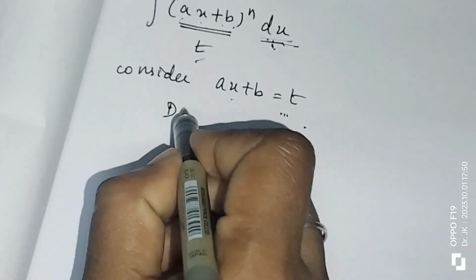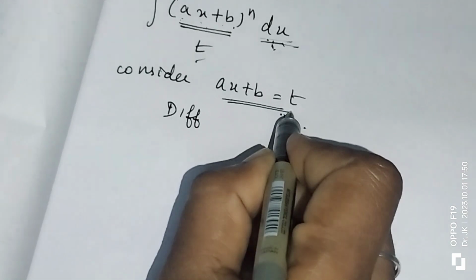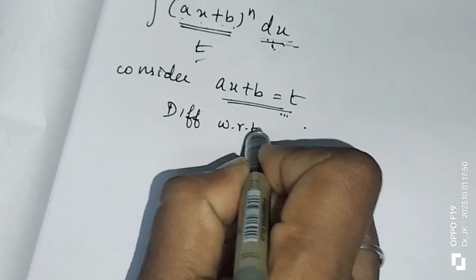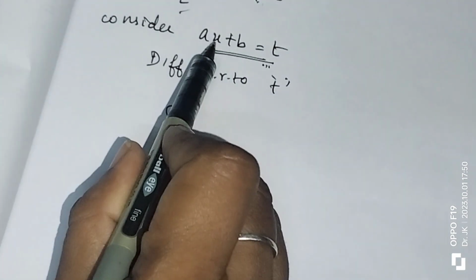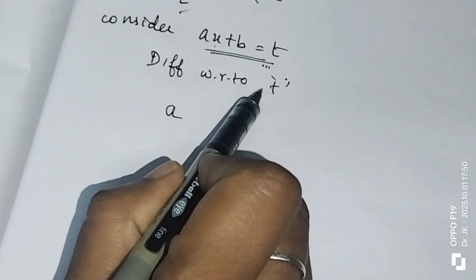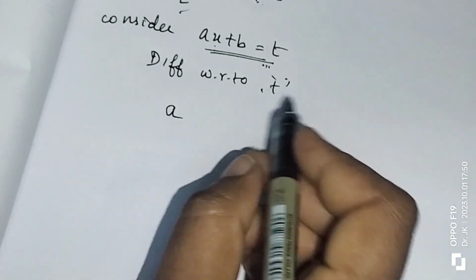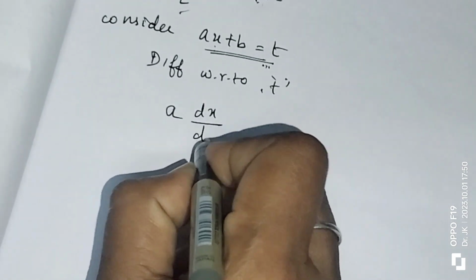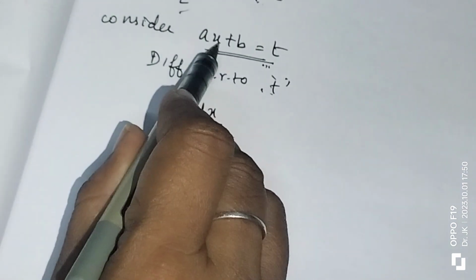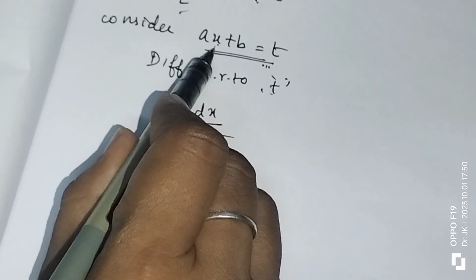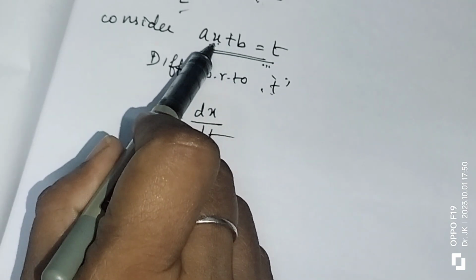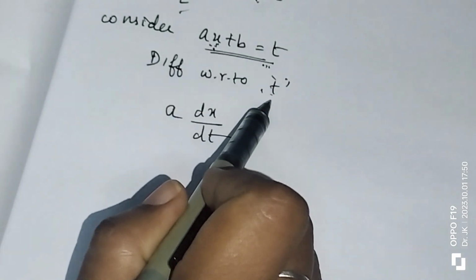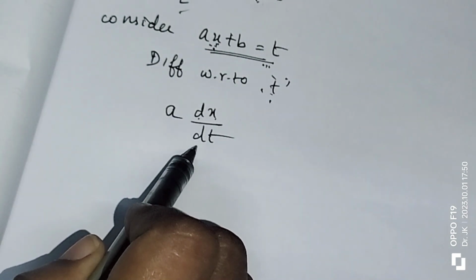For that, differentiate this with respect to t. Here you have a constant. Differentiating x with respect to t gives dx by dt. If it is the same variable, you will get 1, so differentiating x with respect to x is 1. But here I am differentiating x with respect to t, so that will be dx by dt.